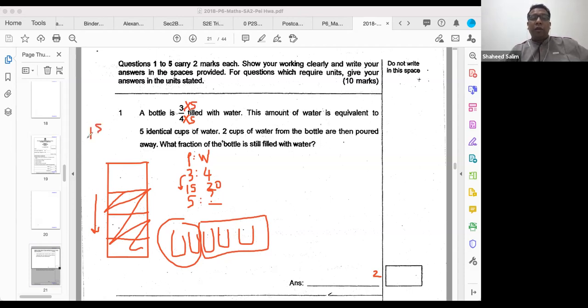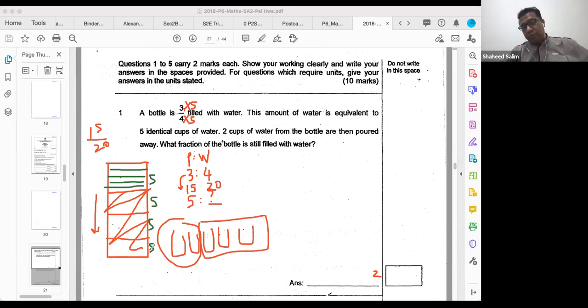So how do you get 15 out of 20? Each part you divide by 5. One layer is 5, then this is 10, then 15, this 20.